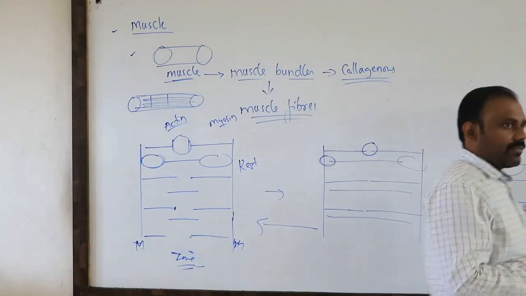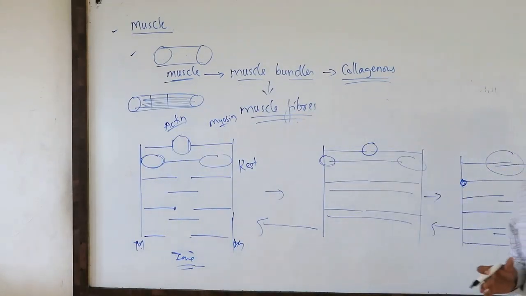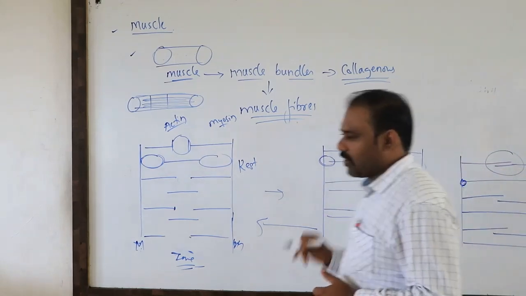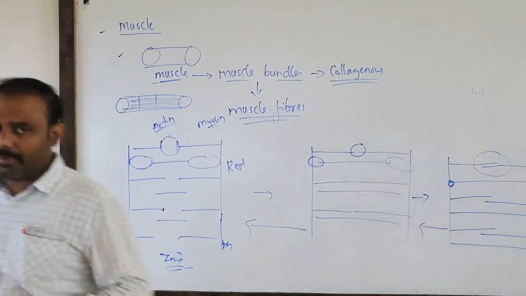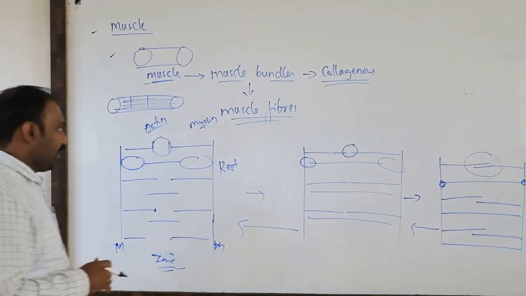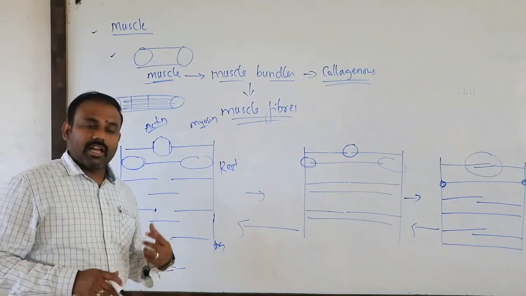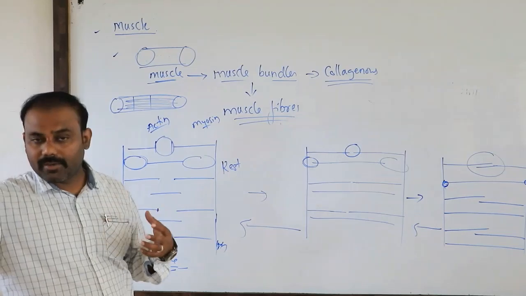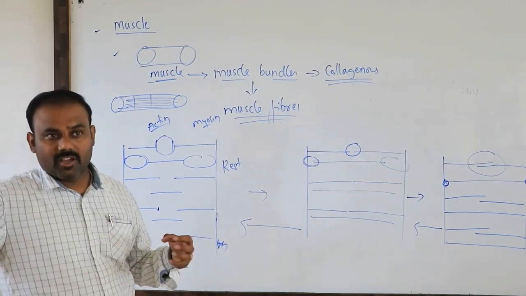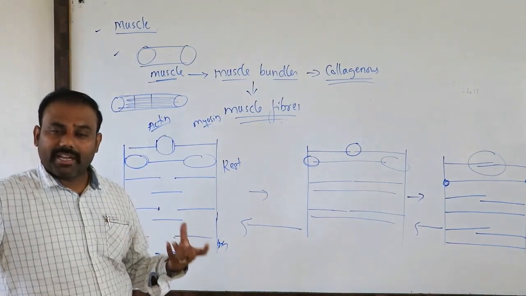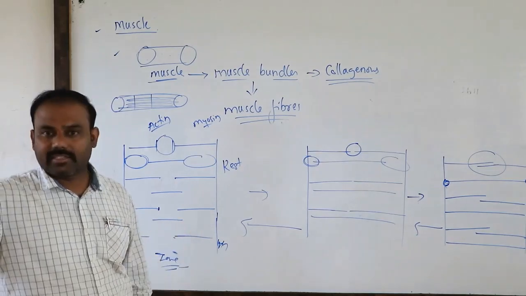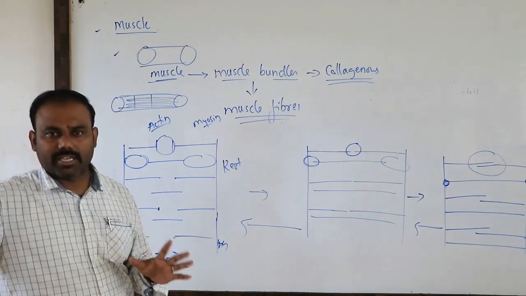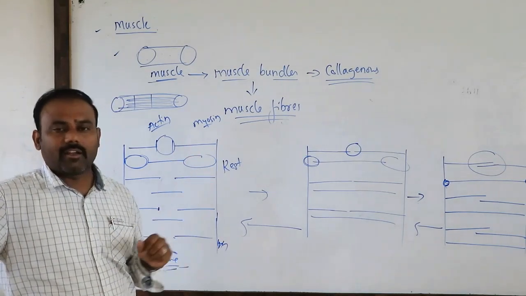Very simple concept, based on this whole concept. Before understanding the sliding filament theory, we need to understand how the actin is present, which kind of protein it is made of, where the head is present, where the actin binding site and the myosin binding site are. We need to understand all those things regarding actin and myosin.